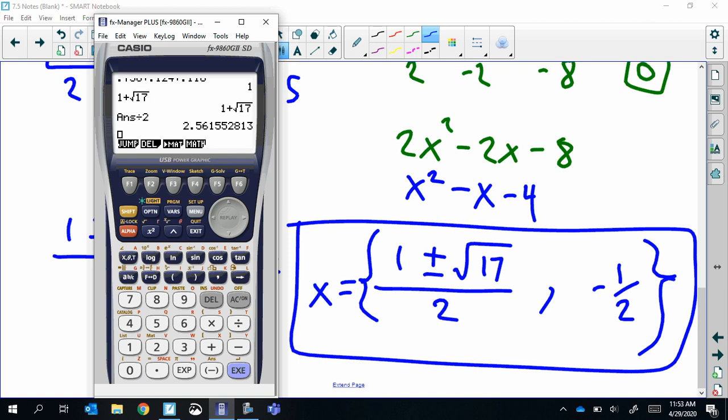And then the other one, if we type it in like a fraction this time, we'll do 1 minus the square root of 17 over 2. And again, it gives us the square root unless we hit fraction to decimal, and then we can compare it. And those were the same numbers that we saw on the polynomial thing. It's just a quick check, make sure we don't mess up with quadratic formula or something like that.